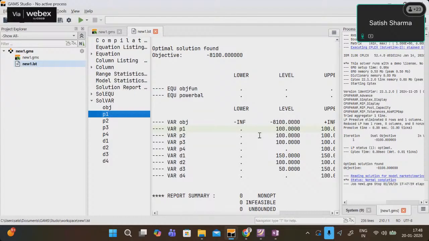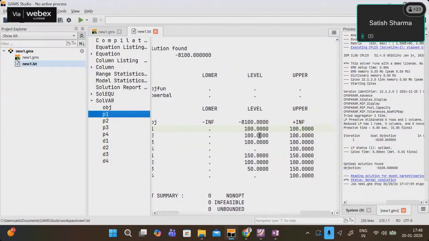So we will discuss in the next class how to obtain the market clearing price.